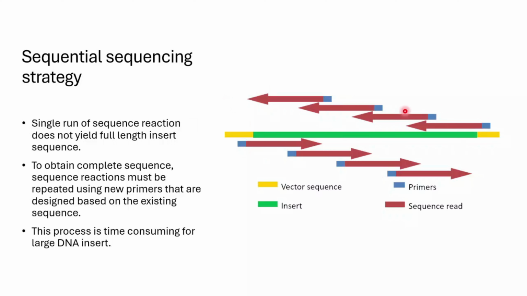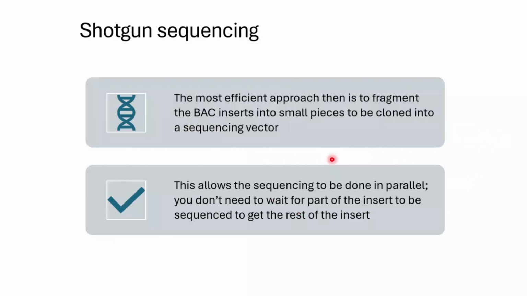As you can see, this is time consuming and it depends on the success of the previous step. And so you had to improve this in a way to make it more parallel and less sequential. The way you do that is by breaking the inserts into smaller pieces. So you break the DNA into fragments that are 100 to 350 kb, and then you break those into smaller fragments to make your contig assembly, right?